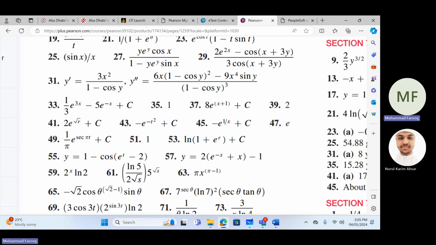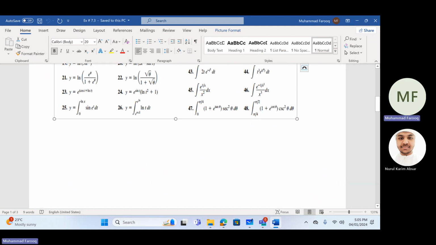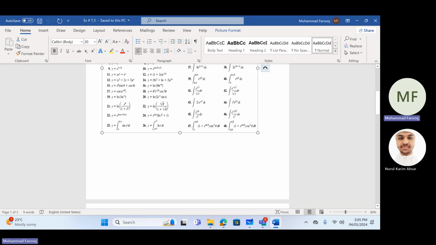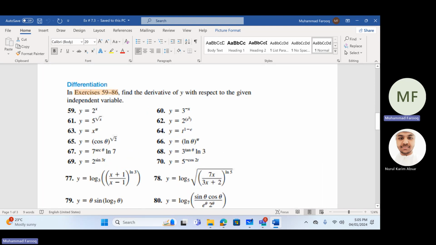Okay, I will take some questions quickly related to exponentials. Now we have differentiation of these. But take a look at question 59. Is it base e? No. It's base a, where a means any constant other than e.